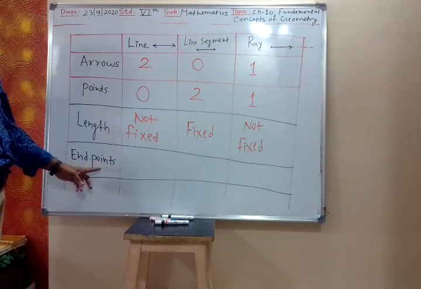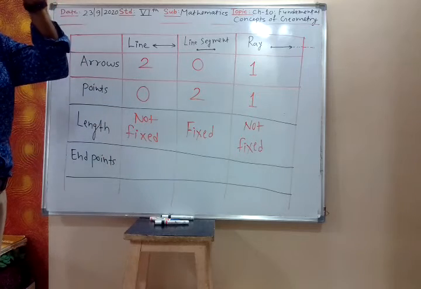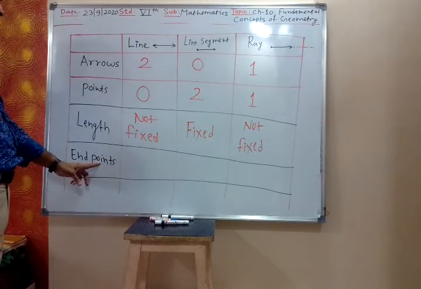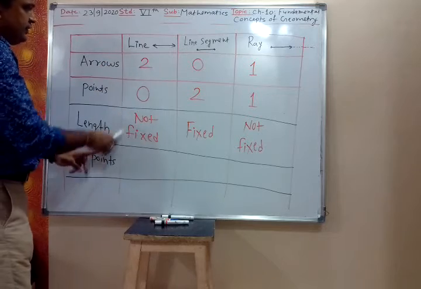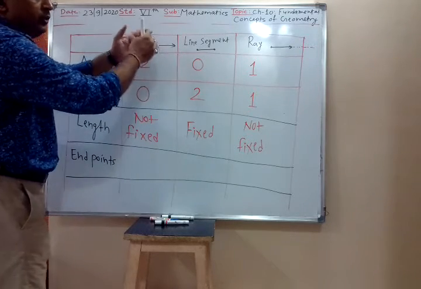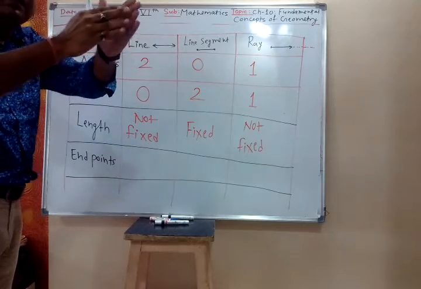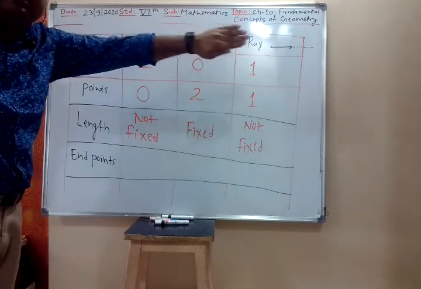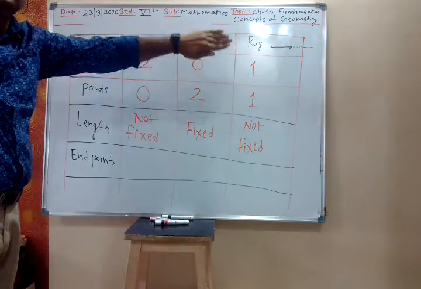Now we talk about end points. A line has how many end points? 0, because on both sides we have arrows. Both sides can be extended, so there are no end points.